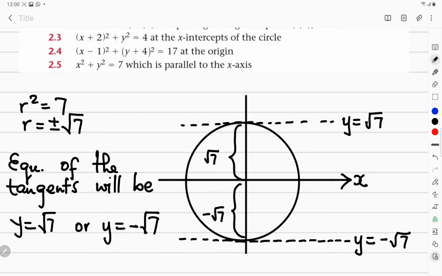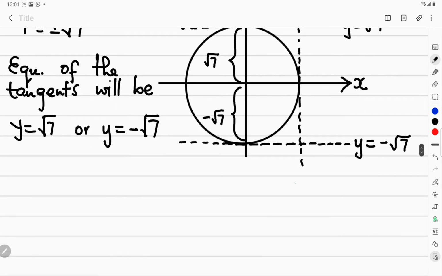So when we talk about parallel to the x-axis, the equation should be given as y equals. But when they say parallel to the y-axis, then x should equal, say here, you can see x equals square root 7.